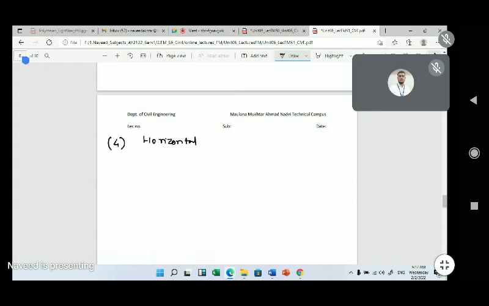Horizontal slope, we denote by H. The bed is horizontal, there is no slope. So here S0 is equal to 0 and Yn tends to infinity.